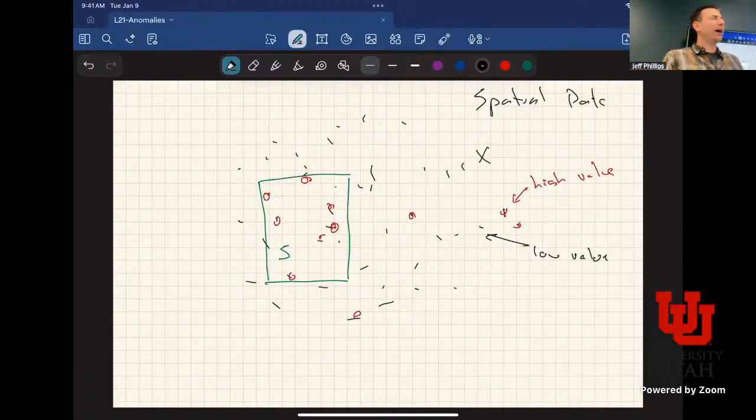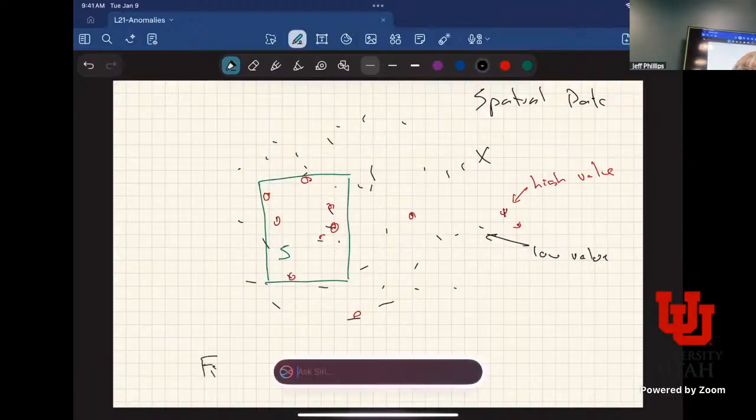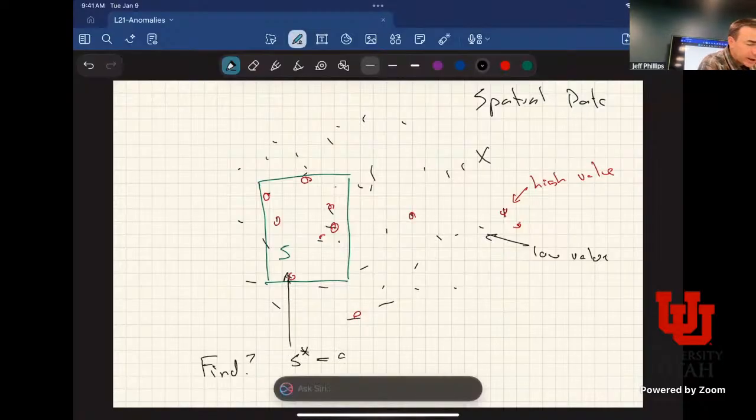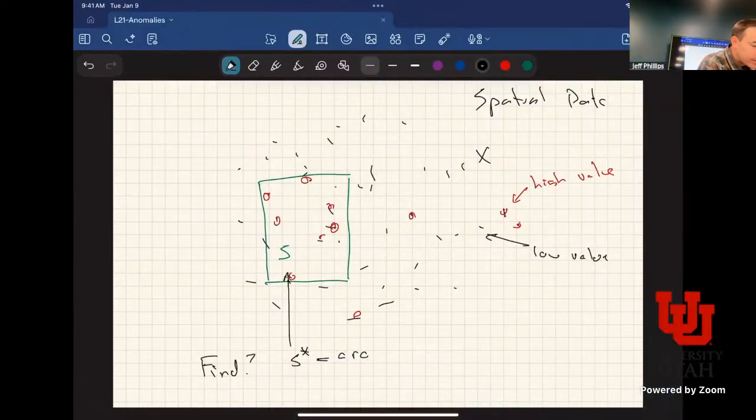Okay, so how would I find S equals the arg max over all the rectangles of the log likelihood ratio.